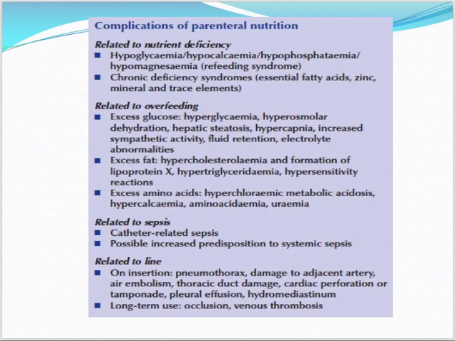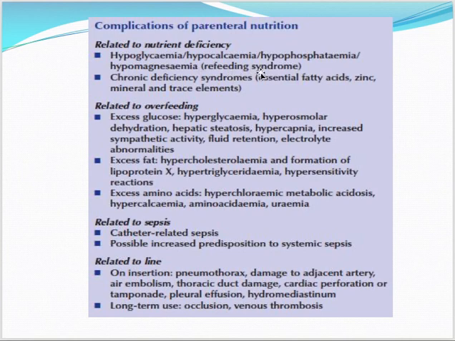So these are the complications of parenteral nutrition, when we are giving nutrition by the blood route, other than the intestines, the enteral route. There could be hypoglycemia, hypocalcemia, hypophosphatemia, hypomagnesemia. Whenever someone has these things, we call this refeeding syndrome.